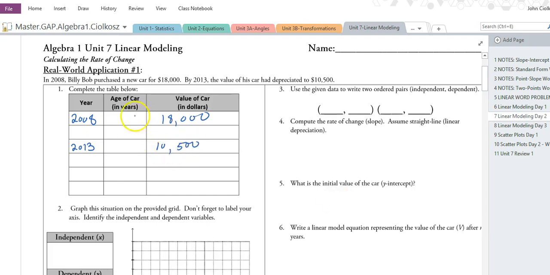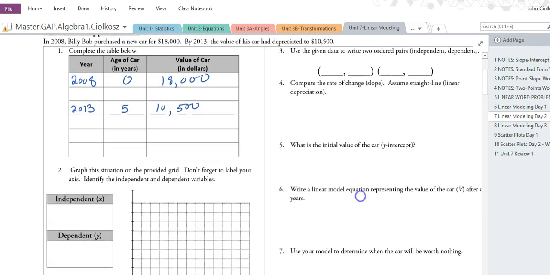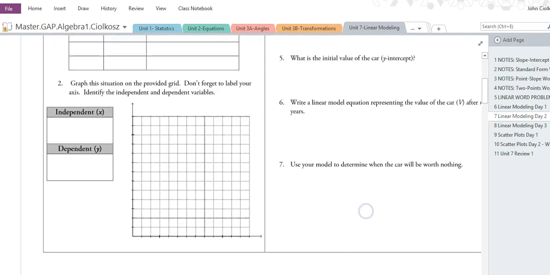Now, the reason why I left the age of the car blank is that we're always going to treat our first point as year 0. So 2008 we'll treat as a 0. For the age of the car in years in 2013, if I subtract these two, 2013 minus 2008 gives me 5. So at this point, the car is 5 years old. We're not going to worry about graphing these.